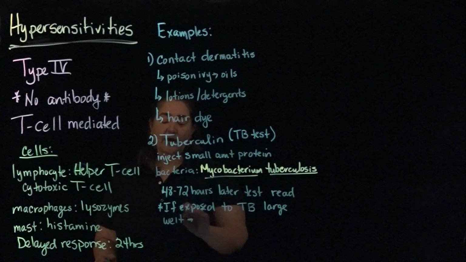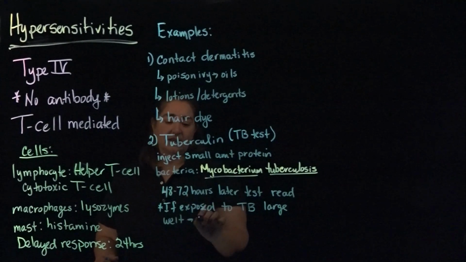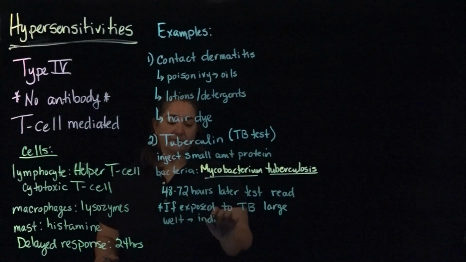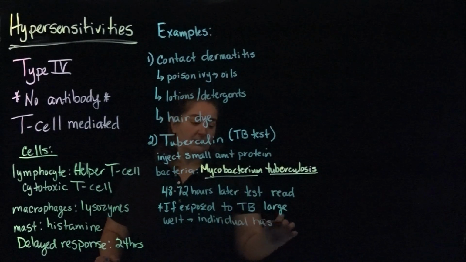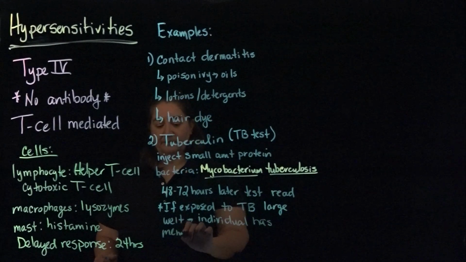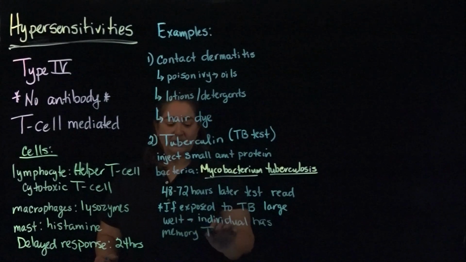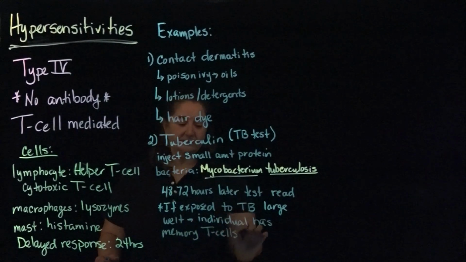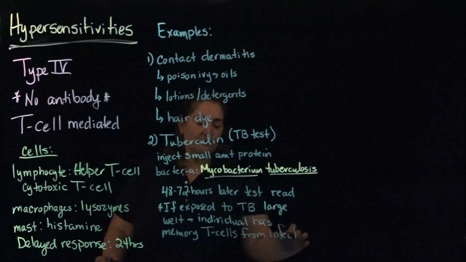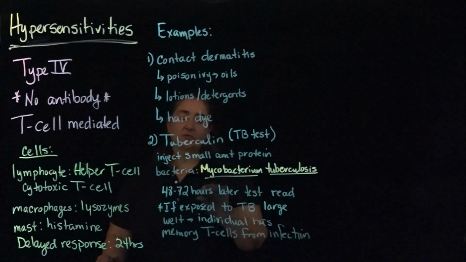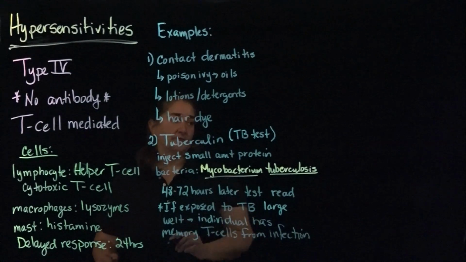And that large welt is because the individual has memory T cells from an infection associated with the bacteria. All right?